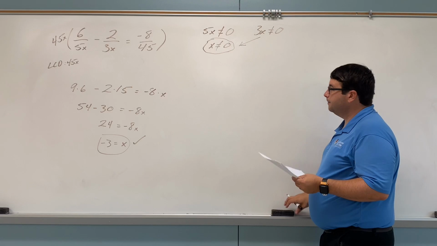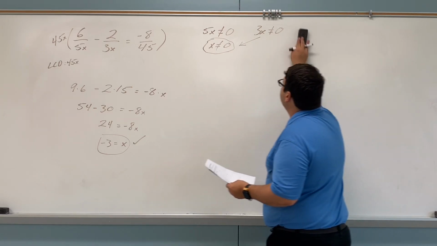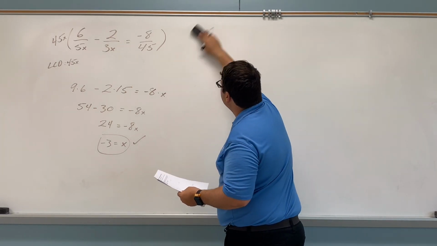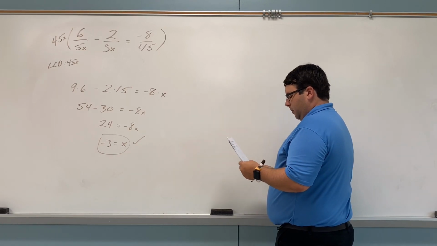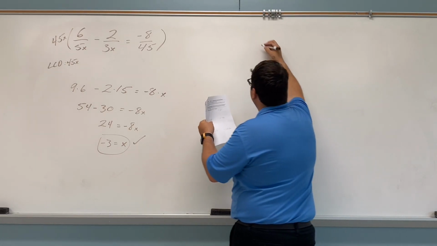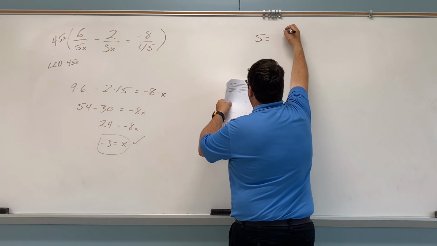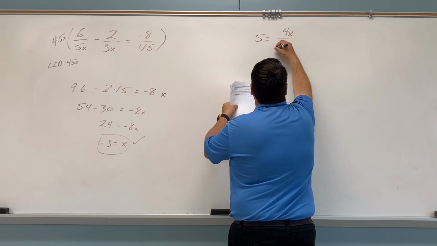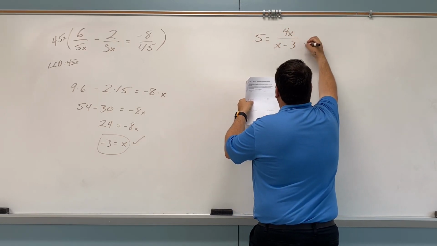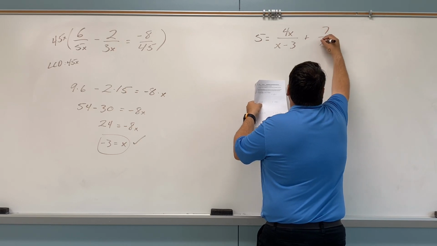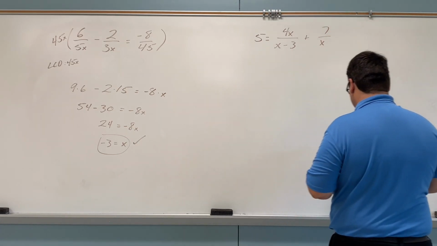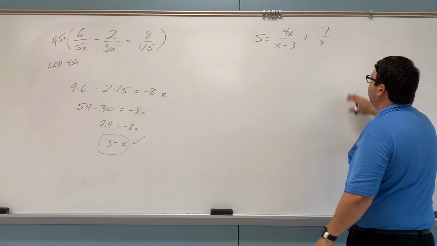Let's try another one. And again, I'm going to erase this just to give me some board space. I am on example number 4 here. So this is 5 is equal to 4x over x minus 3 plus 7 over x. Okay, very good.